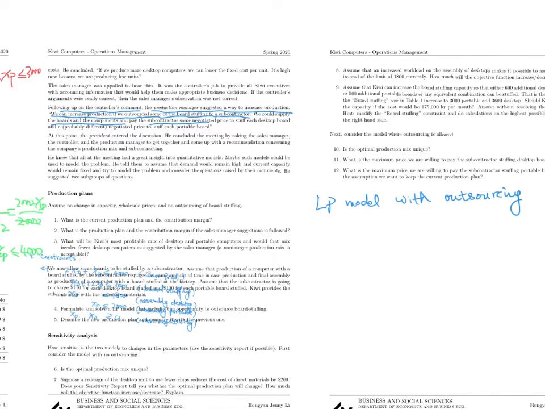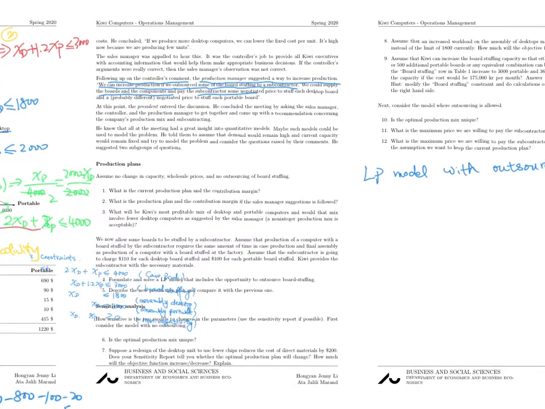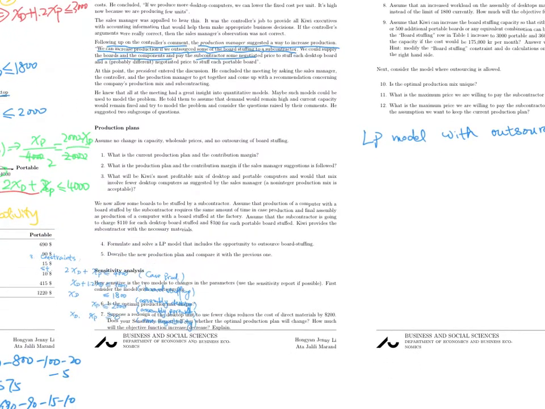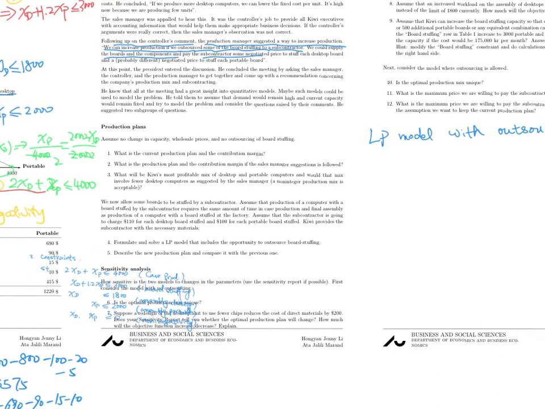From the case, above question 4, there is a paragraph stating that if the company chooses to outsource some of the production, assume that the subcontractor is going to charge 110 and 100 for board staffing.